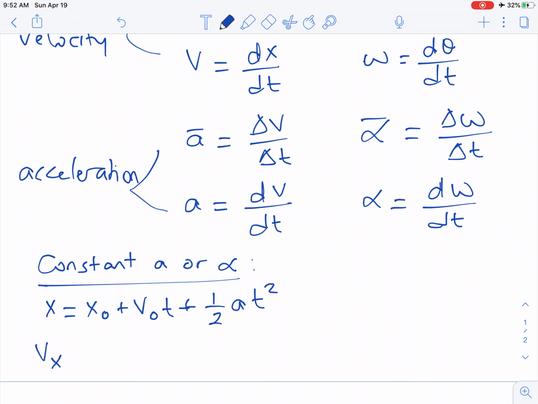And again, I'm going to drop this x as well. v is going to be v0 plus a t, assuming this motion is only along the x direction. So we have the same thing. x goes to theta, theta equals theta 0, v goes to omega, omega 0 t plus a goes to alpha.